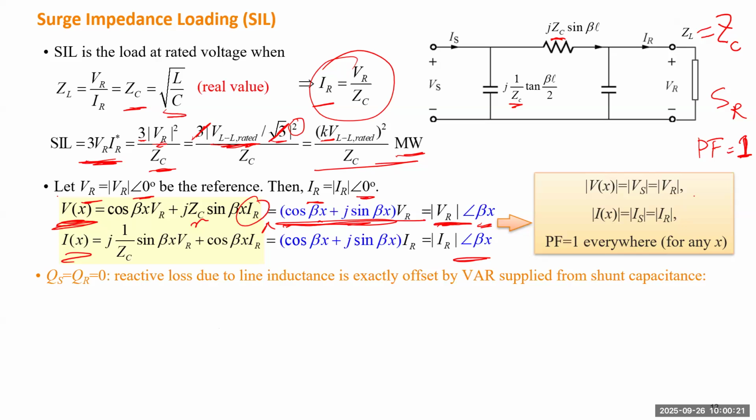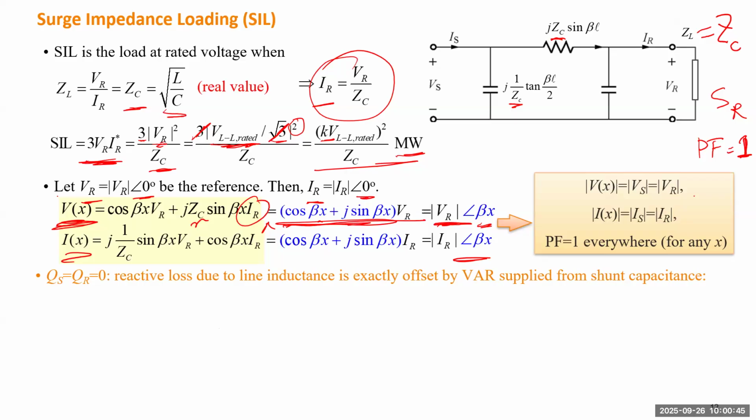So which means for this case, both the sending end and the receiving end reactive power are 0. Okay, so the reactive loss of the line is completely compensated by the capacitance itself. So the line has inductance, which consumes reactive power.